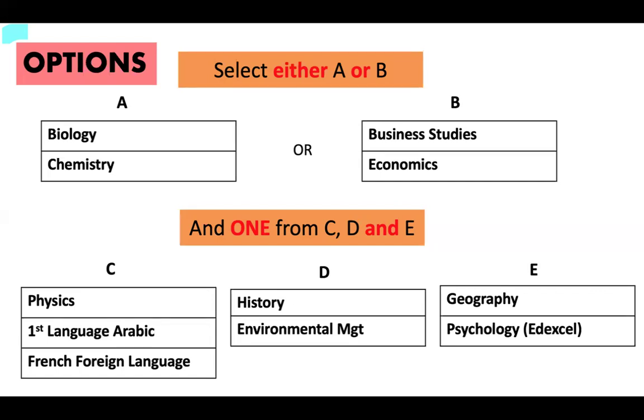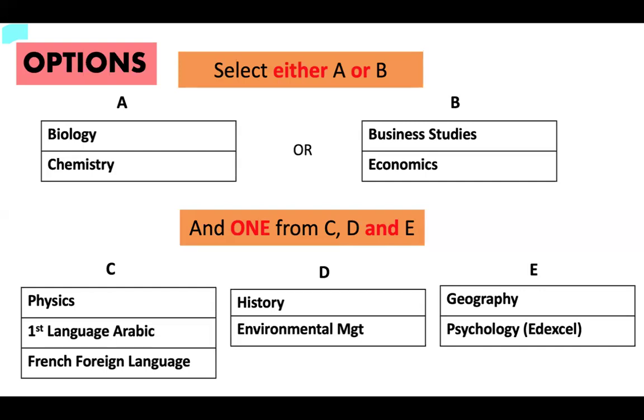Now, that is not first language French. It is French foreign language. It is not difficult to do. It's no more difficult than English as a second language. Having a second or additional language is something employers quite like, even though you may not speak it fluently forever. It's nice to have another language. So you will choose one of those three.